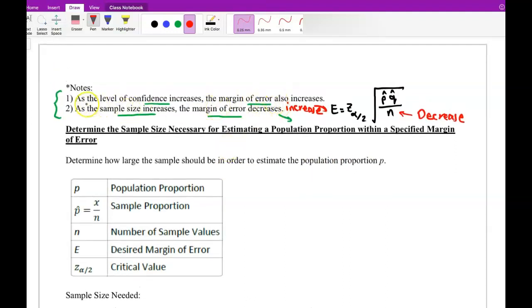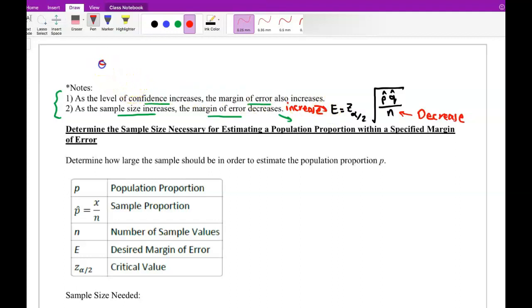And same thing for this one. So if level of confidence increases, then the margin of error, so this is again error, increases. If this one increases, we have the confidence interval.